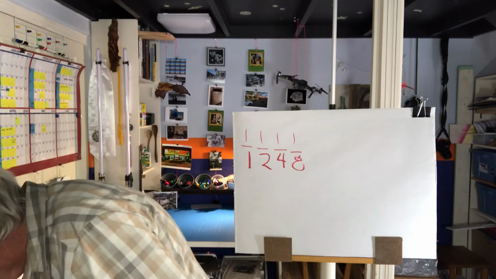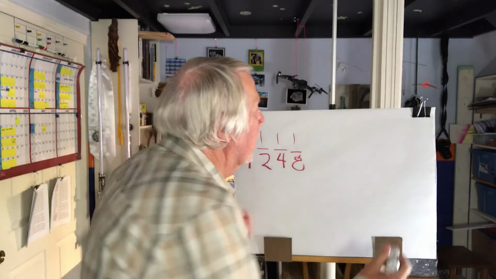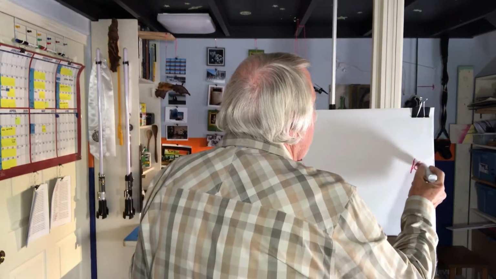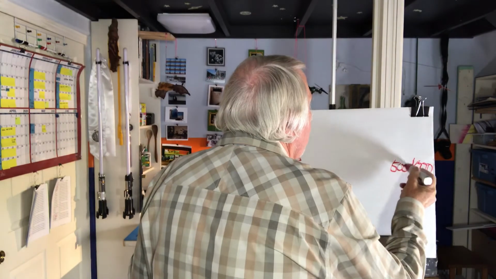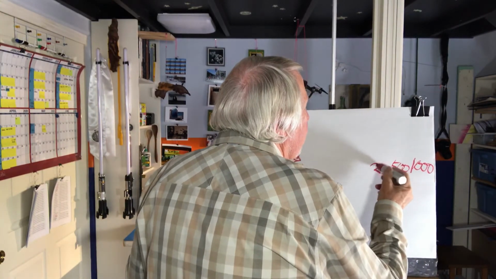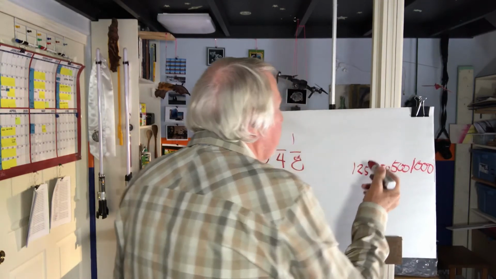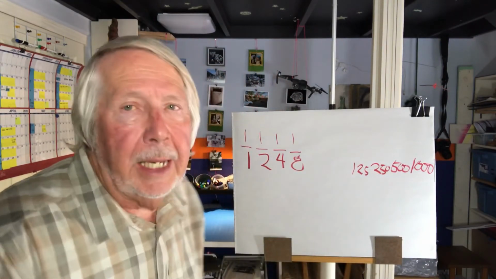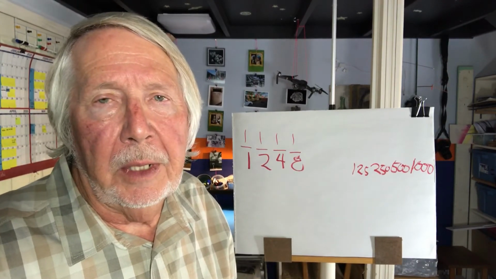So let's start over here on this side of the paper and write 1,000, 500, 250, and 125. Again, those are all with a 1 over the top of them. They're all fractions.